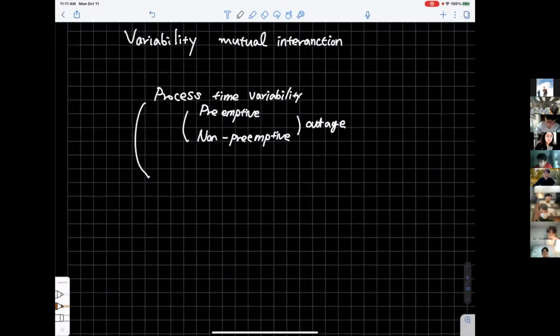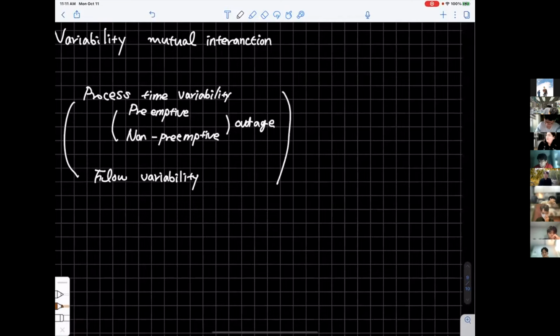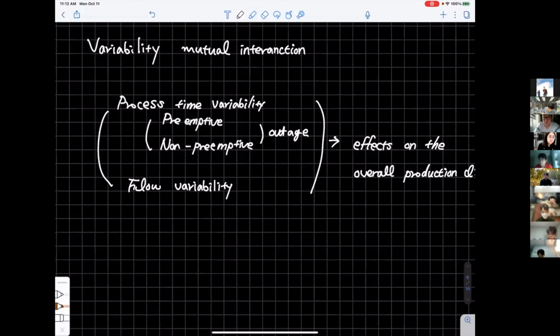Also, these two variabilities have effects on the production line. It means that we have studied only the process time variability.